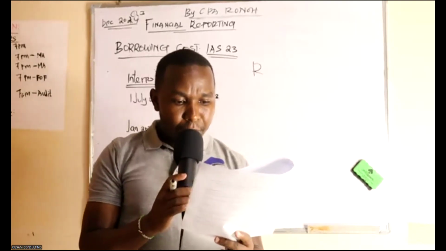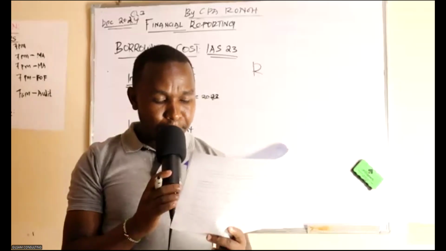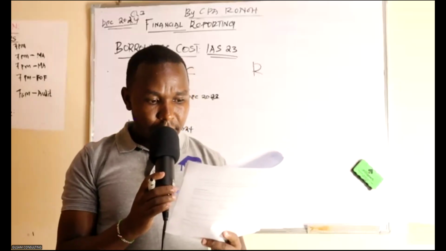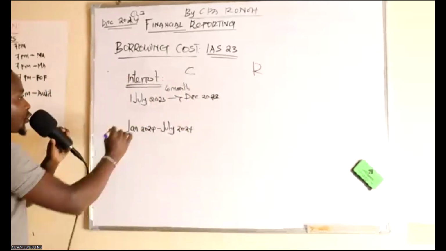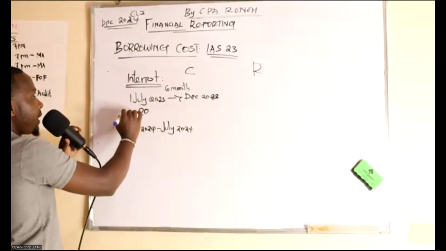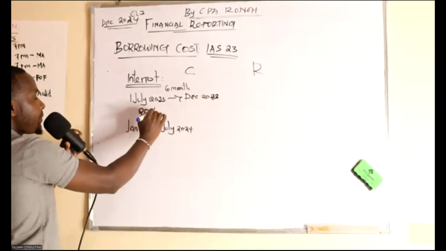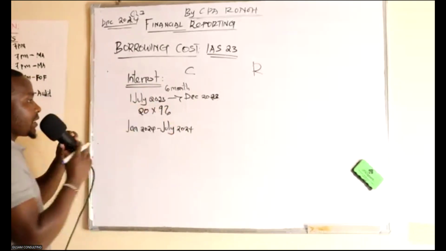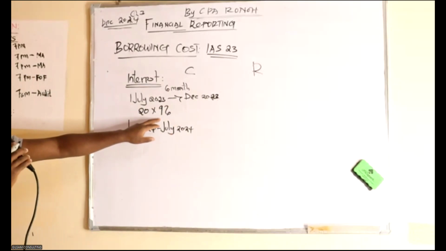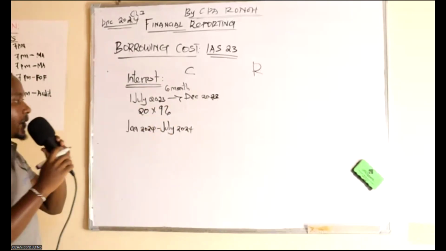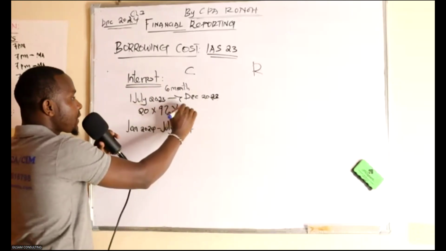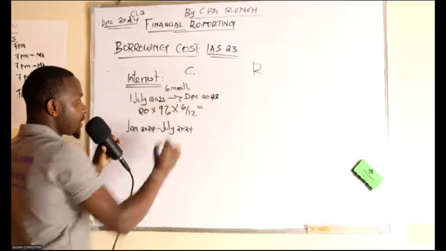Okay, this is all. I hope we get 120. So we will compute first for 20 from July to December 2023. So we take 20 million. This is in million. So 20 million times the interest rate, which is 9%, times 6 over 12.